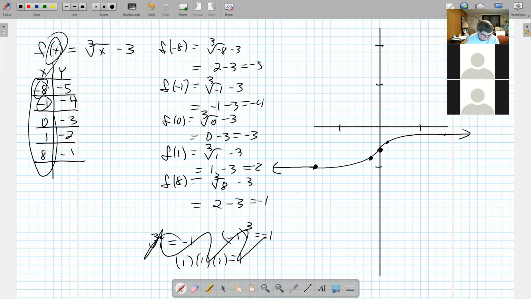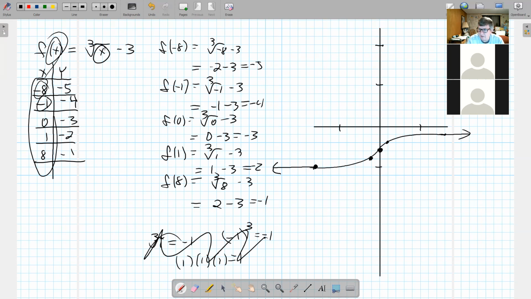What's the domain of this function? What can I put in here? Can I put in positive numbers? Can I take the cube root of any positive number? From what I can understand, it can be any positive number, right?